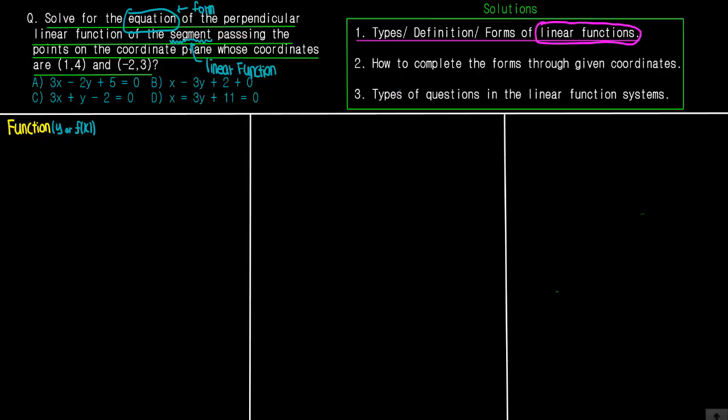The function is something that requires a specific input, and when we input specific values, it will generate a specific output of our linear function.